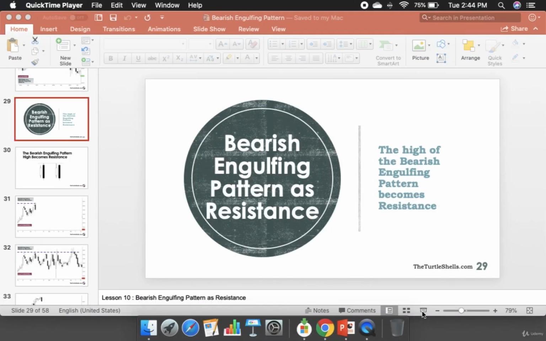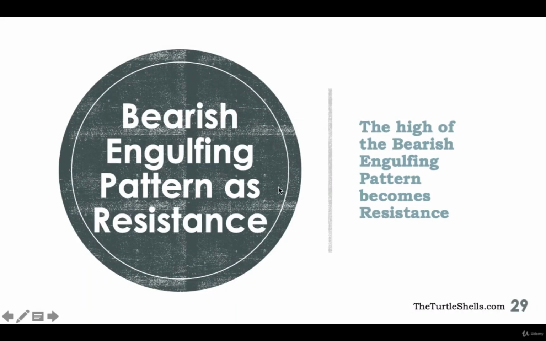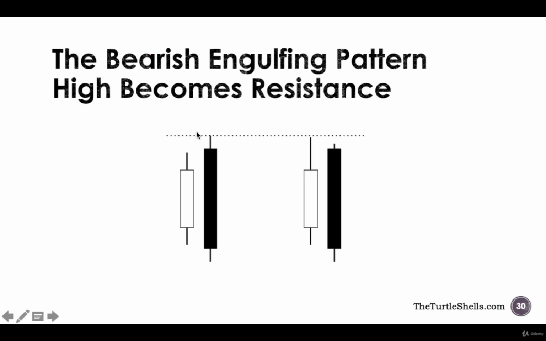Alright, now let us look at how the bearish engulfing pattern becomes resistance. We have already looked at multiple examples. Let's bring it into focus. The highest high of the two candles that constitute the bearish engulfing pattern becomes resistance. So now let's have a look at these two patterns. In this case, the highest high of the two candles is the high of the black candle.